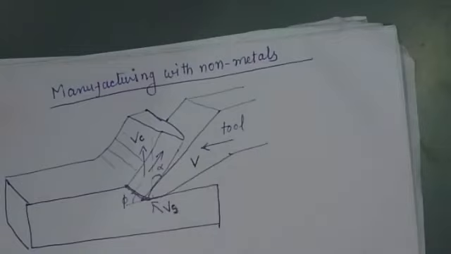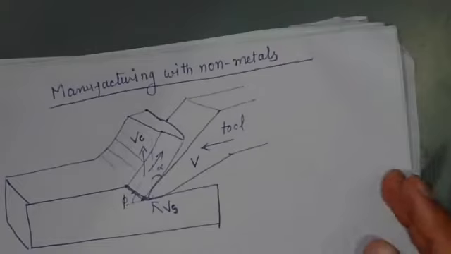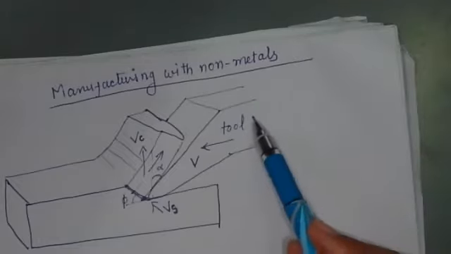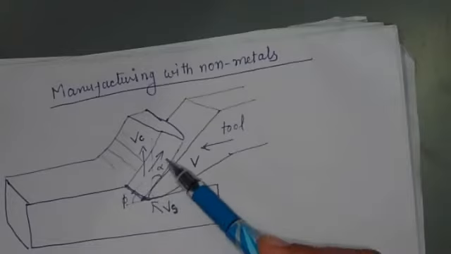So if you look at the overall system, the system is in equilibrium. This is a classic case of equilibrium in motion. The tool is continuously fed, the chip is continuously moving upside. So a certain kind of equilibrium is maintained in the overall operation of a single point cutting tool.